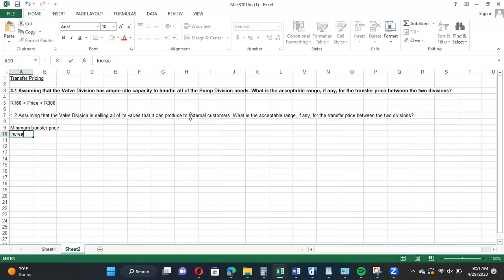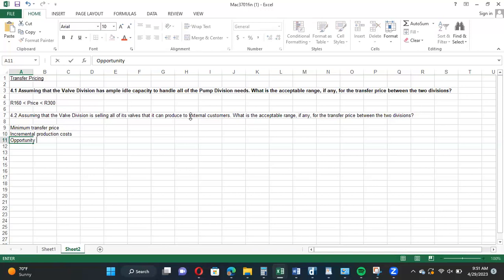So what we need is the incremental production costs, which we have already, by the way. And then the opportunity cost, which we need to calculate.